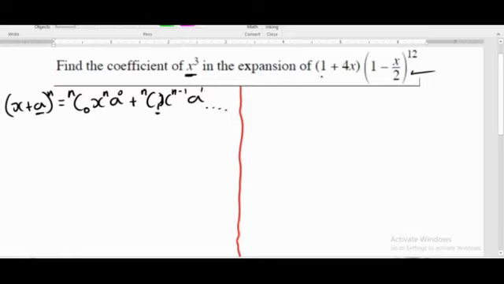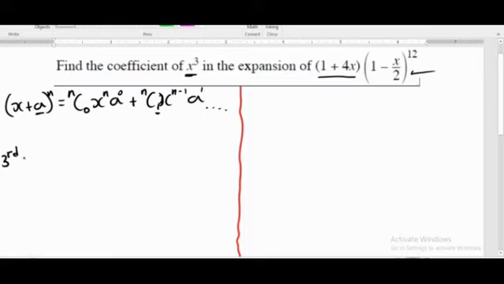Remember that we also have another bracket just by the side here. Looking at this critically, we are going to discover that we are going to have two terms that will give us x raised to power 3. The first one is the third term.